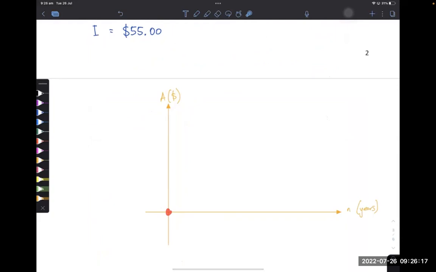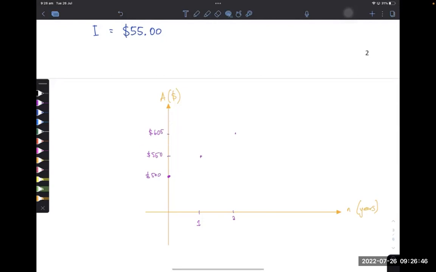When you first put in your amount of money, you put in $500. After 1 year, your value now increases to 550. After your second year, though, it increases to 605, like so. So you can see the gap.